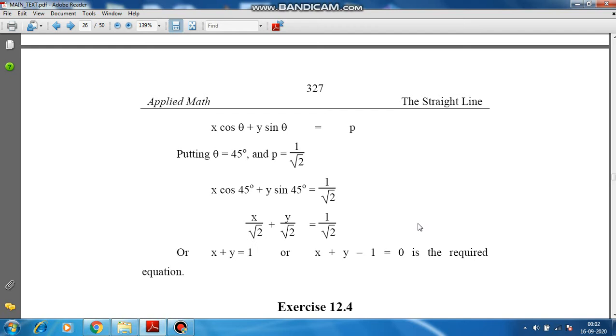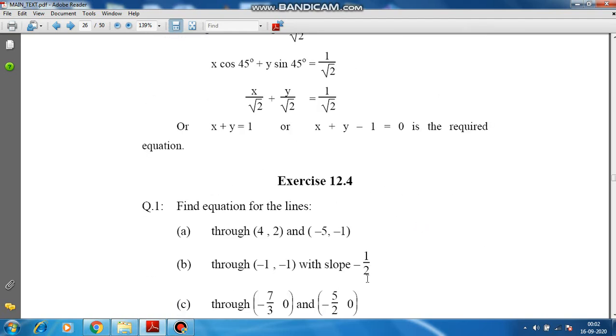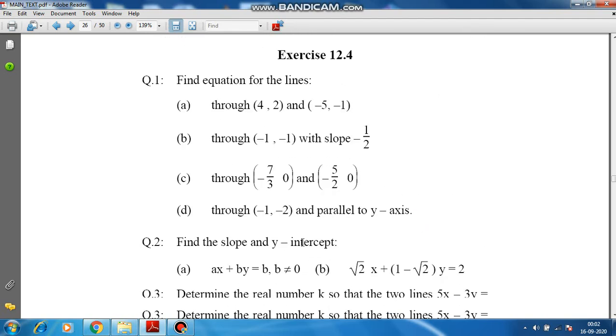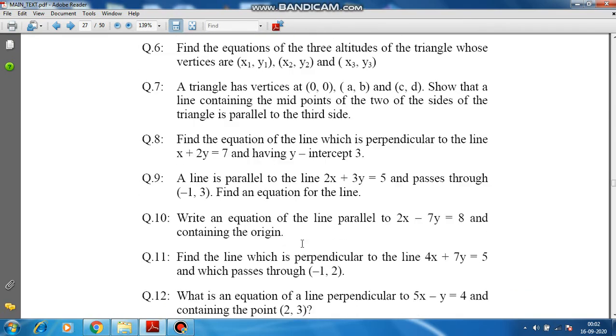We know that cos 45 degrees equals sin 45 degrees equals 1 upon root 2. Therefore, the equation becomes x by root 2 plus y by root 2 equal to 1 by root 2, or x plus y equal to 1. In this way you will solve these problems in the exercise.